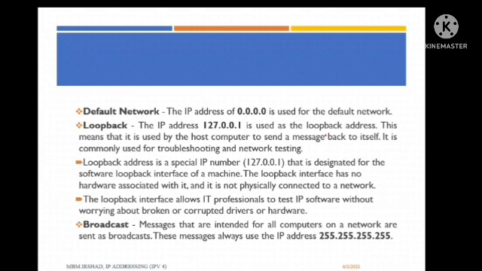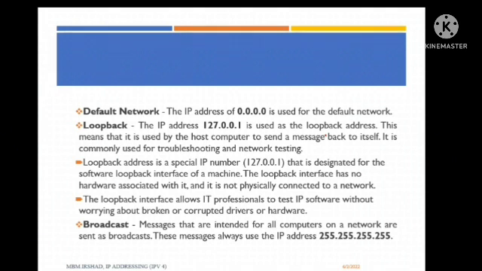The loopback address allows IT professionals to test IP software without worrying about broken or corrupted drivers and hardware. And 255, as I said already, messages that are intended for all computers on the network are sent as broadcast.